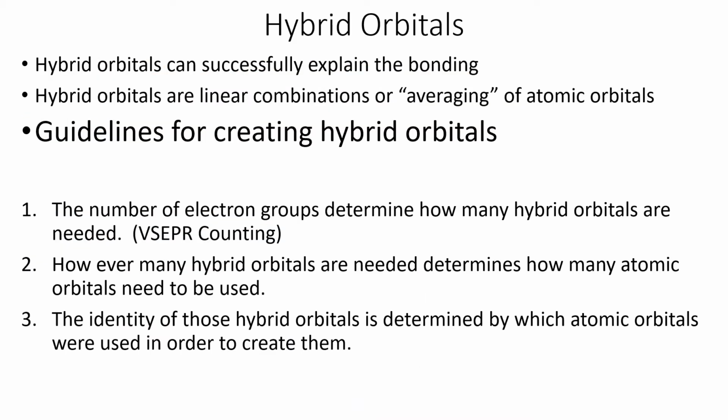So hybrid orbitals are what we can use to successfully explain the bonding in our molecules. The way we want to think about hybrid orbitals is as linear combinations. That's kind of fancy math language for averaging of the atomic orbitals.